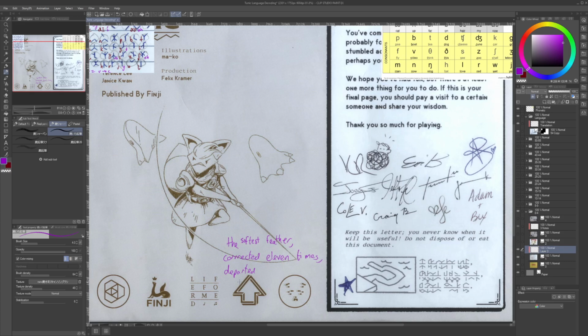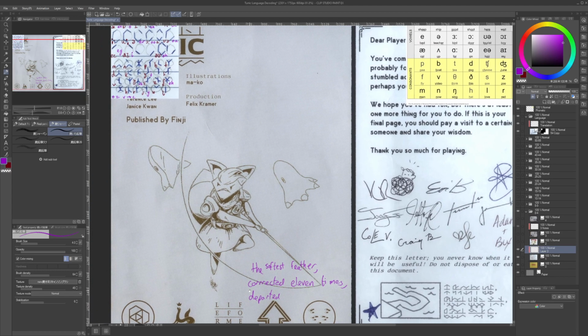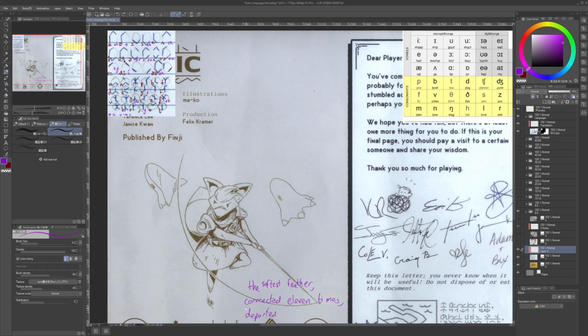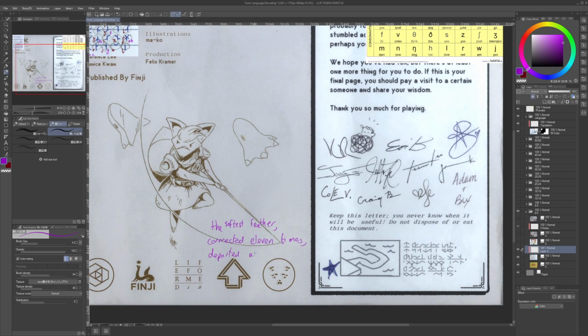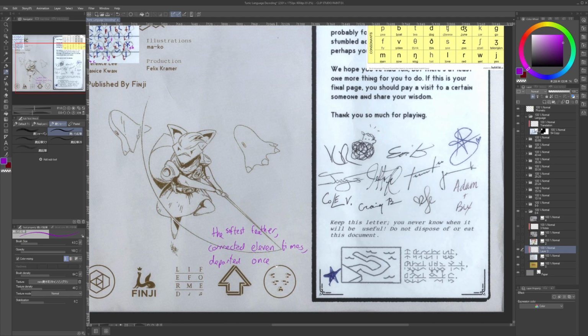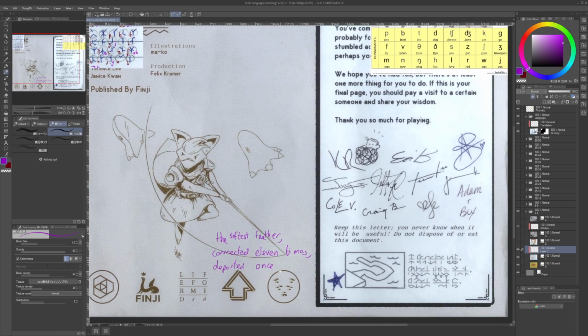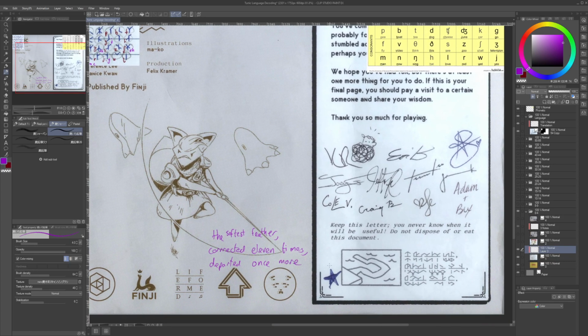Departed? Do we know that consonant? What? We do, luckily. Once? Departed once more. The softest feather corrected 11 times, departed once more.